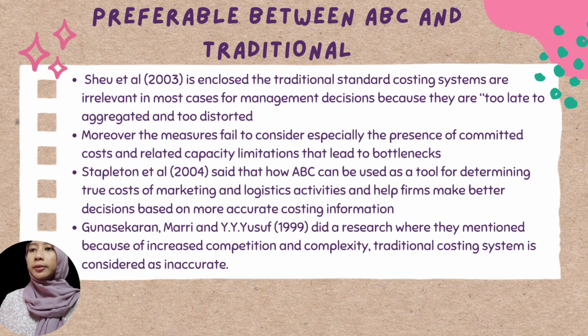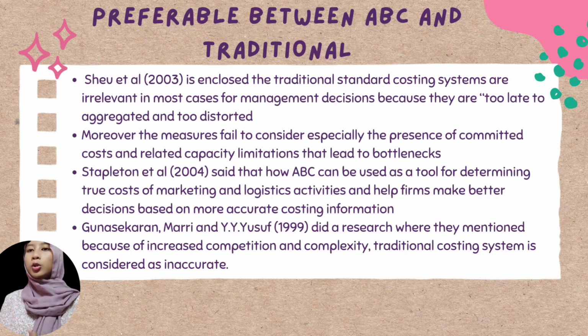Moreover, the measures fail to consider especially the presence of committed cost and capacity limitations that lead to bottlenecks. Stapleton 2004 says that ABC can be used as a tool for determining the true cost of marketing and logistic activities and helps firms make better decisions based on more accurate costing information.